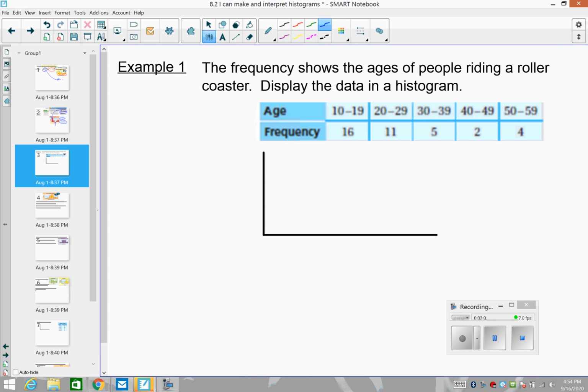The frequency table shows the ages of people riding a roller coaster. Display the data in a histogram. You can see that our ages are already set up for us in categories. They're already ranged by 10 units.